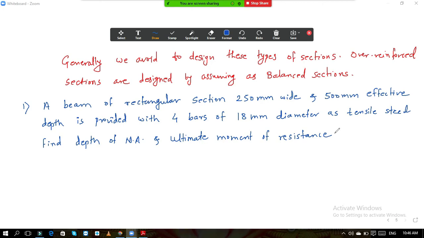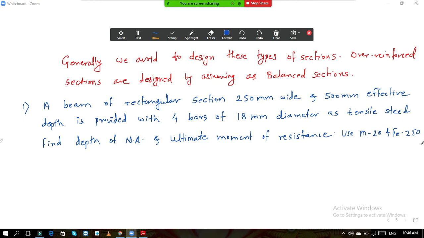Use M20 and Fe 415. Now not 415, it is given as Fe 250. Use Fe 250.